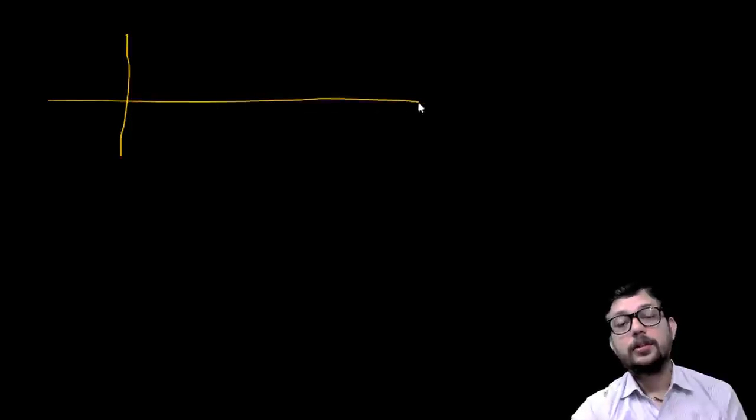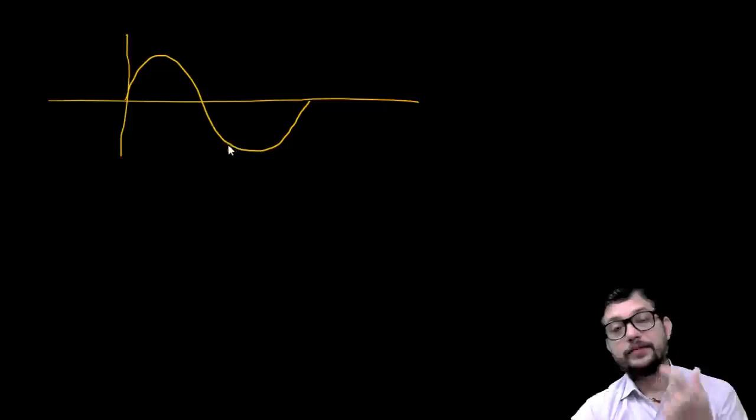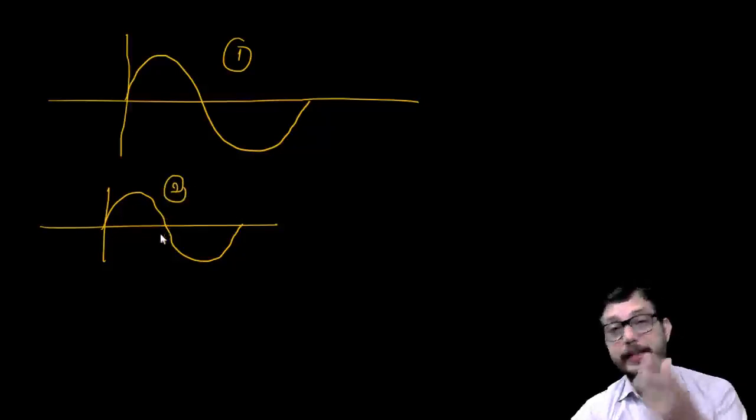What I am trying to explain is that according to Young, if we have two light waves, let this one be your first light wave, and the second one be your second light wave.